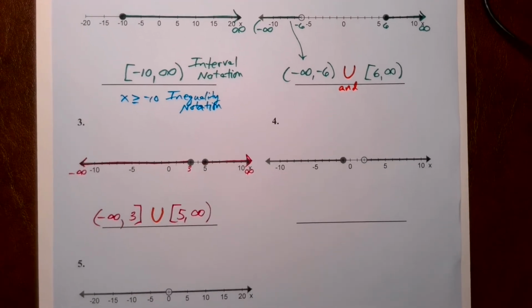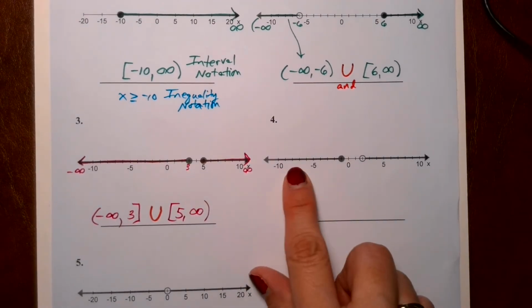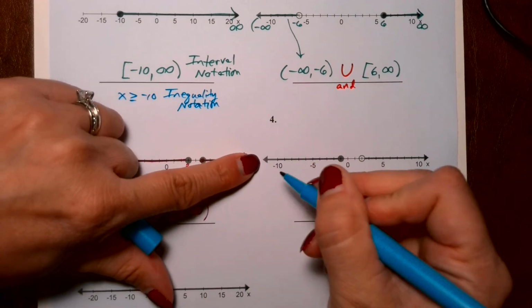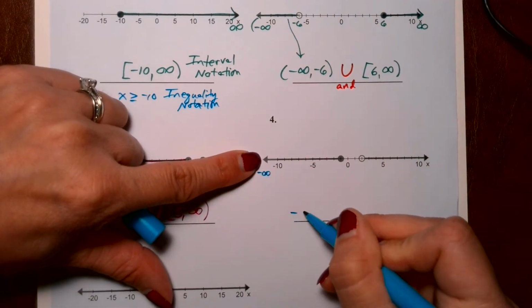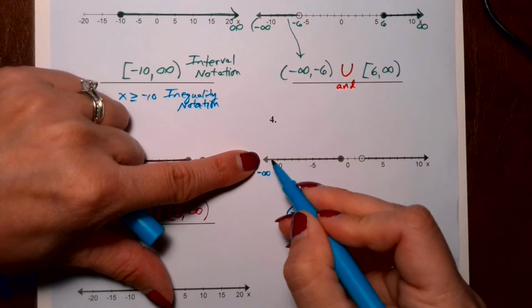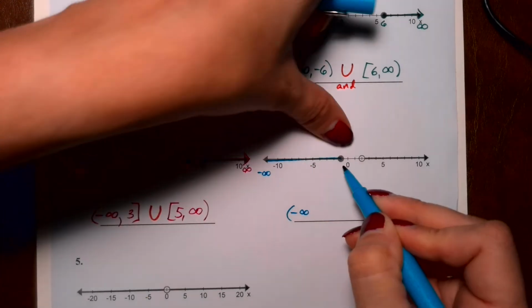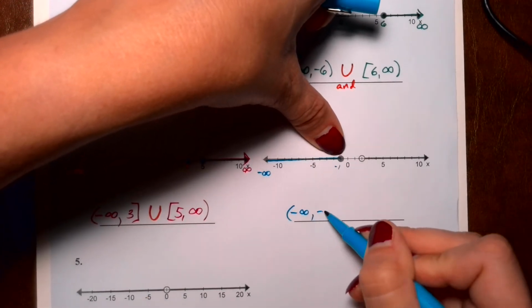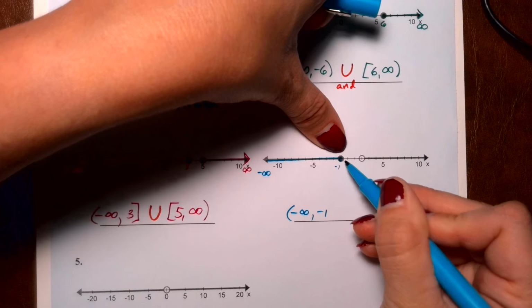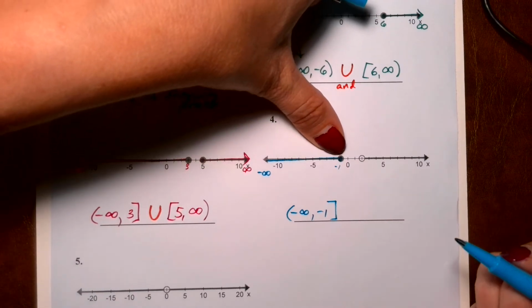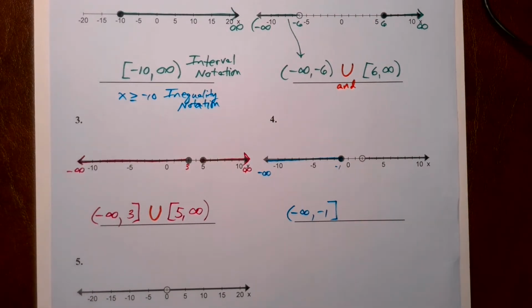Number 4. I'm noticing there's 2 pieces. Let's start at the left side. Negative infinity always gets parentheses and goes all the way to negative 1. Since negative 1 is being used, it gets a bracket. There's another piece, so let's use the union symbol again.